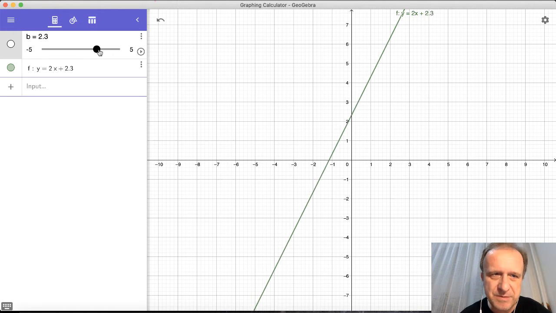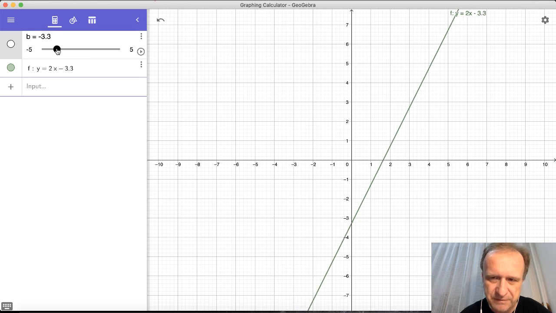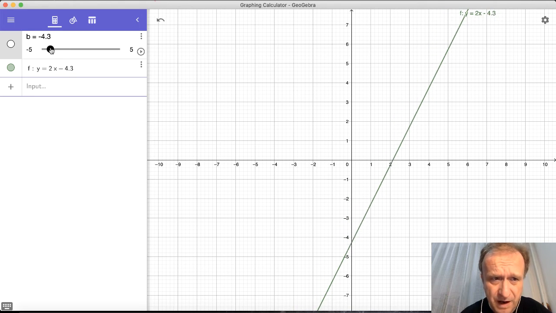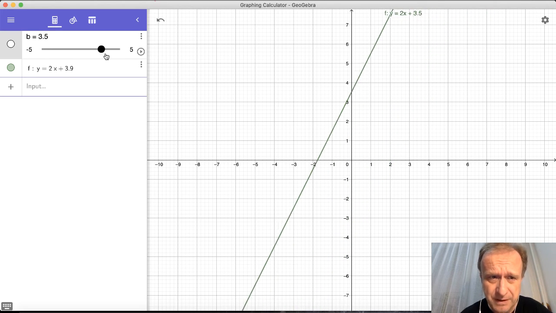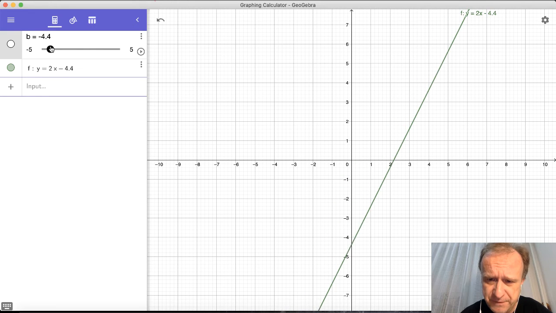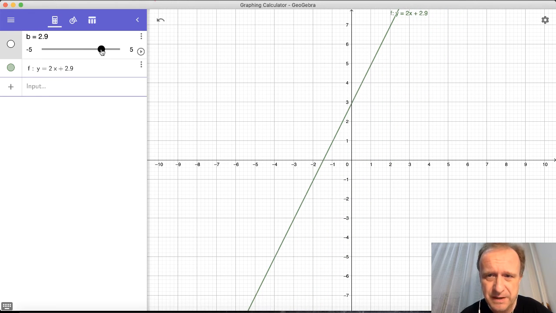So it seems that all these lines forming the family of functions are parallel to each other. The only thing that is different for each of those lines is the point at which the line intersects the vertical axis, and the point has the y coordinate exactly equal to the value of the parameter.